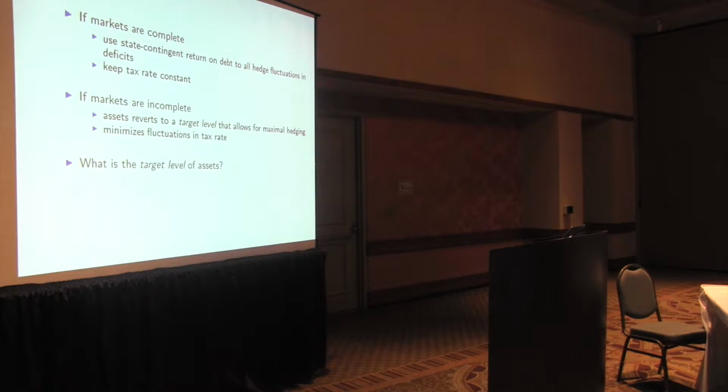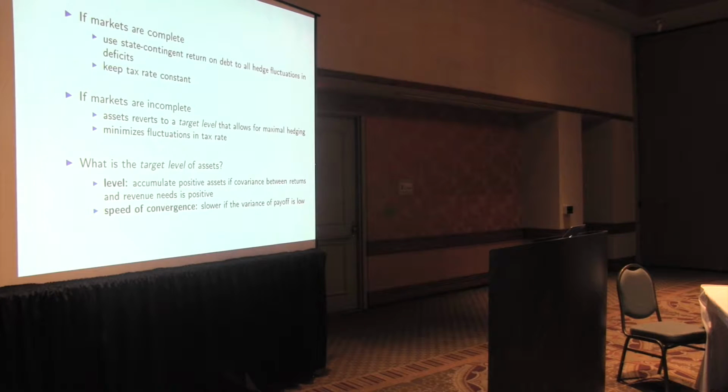So the important question is, what is this target level of assets, and how does it vary across primitives? We're going to develop some theory where we characterize this long-run level of assets in terms of the nature of the incompleteness of markets.